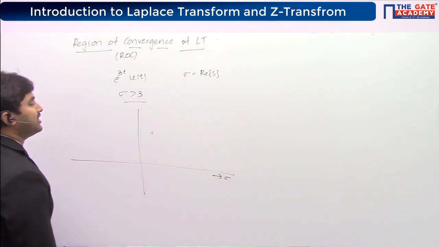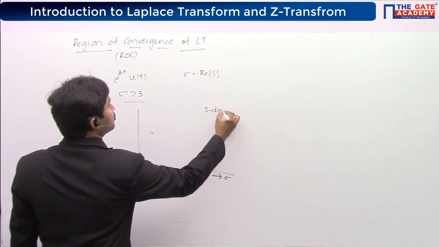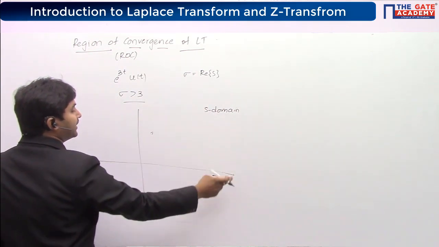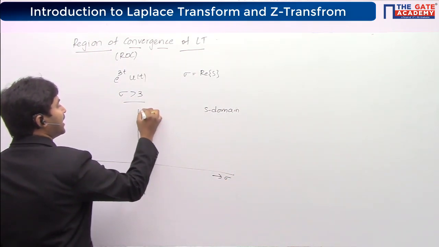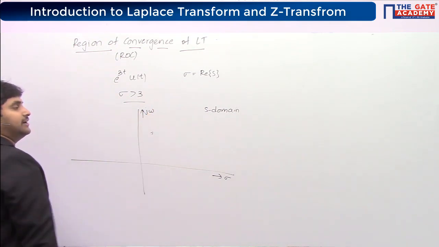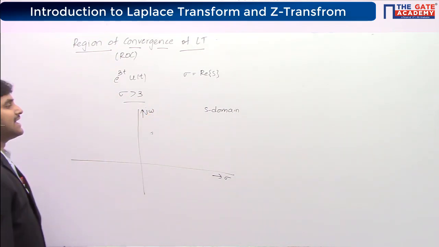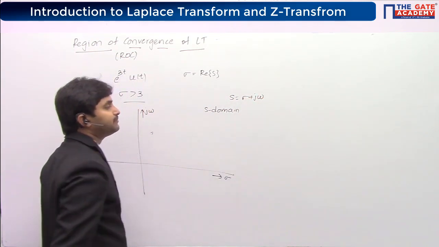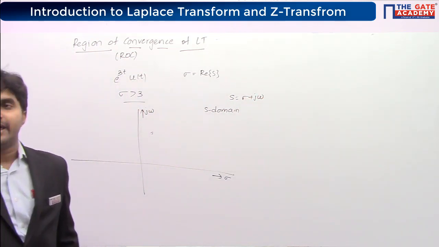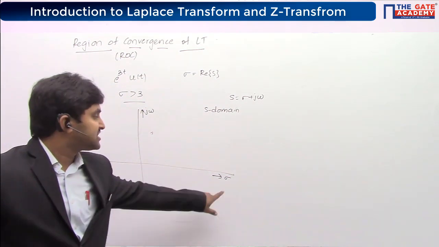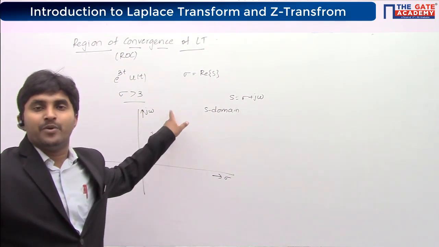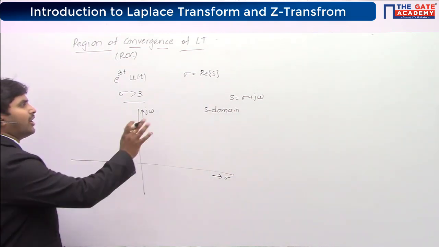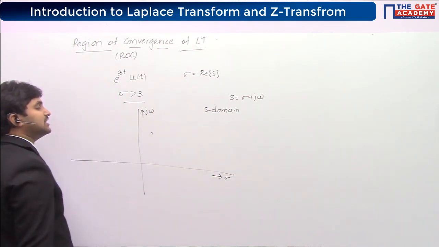So when we are drawing the s domain, we will have sigma as the real component and omega as the imaginary component, because s is nothing but sigma plus j omega, as we defined earlier. Now when we are drawing the ROC, we can have a graphical representation of it.